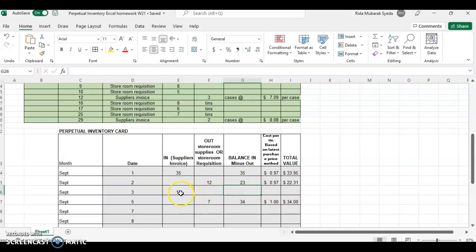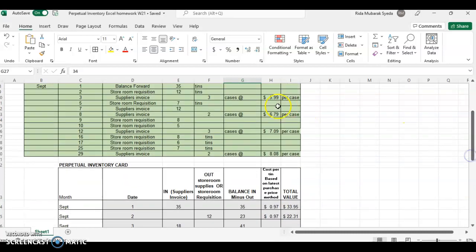And then since we got a new value, we would add that to 23. So 23 plus 18, and that gives us 41 as our answer. For our cost per can, over here it gives us a price per case.